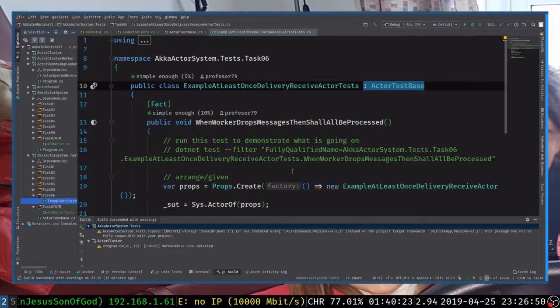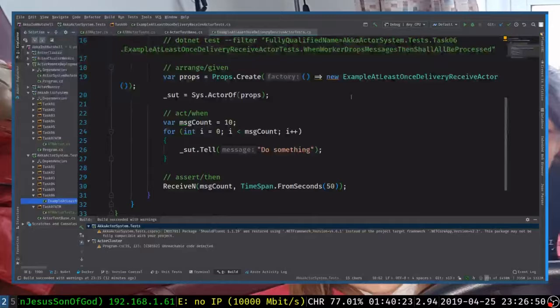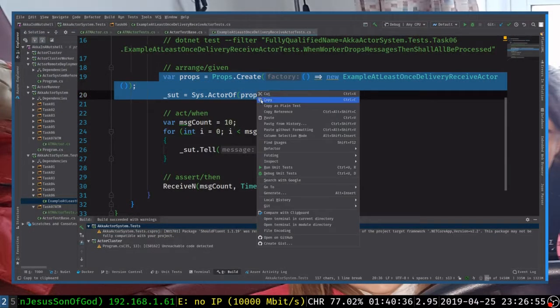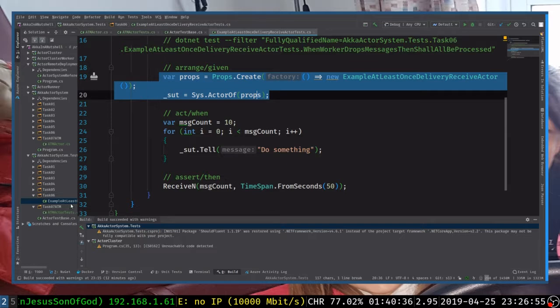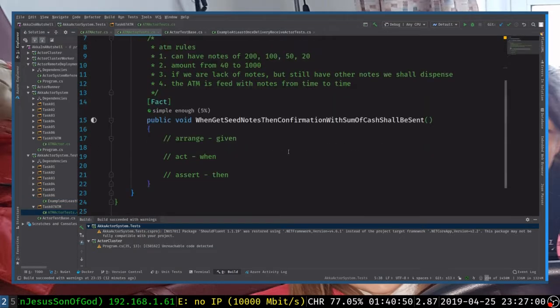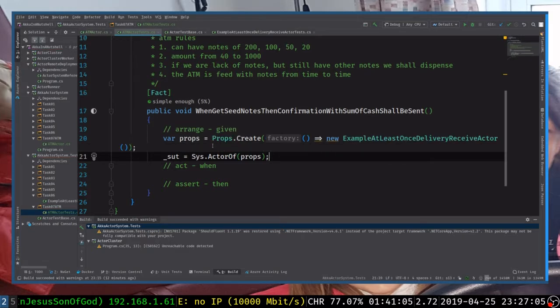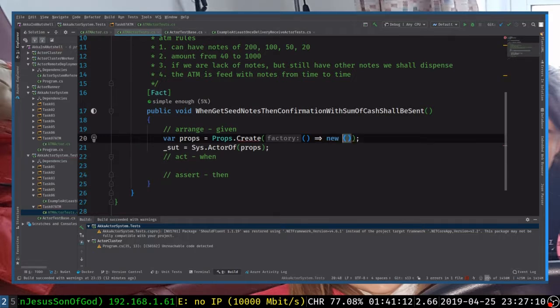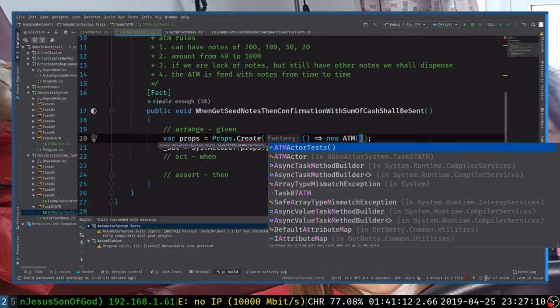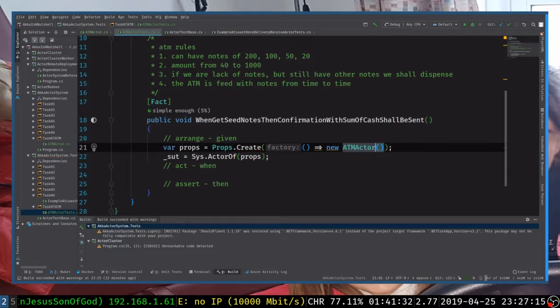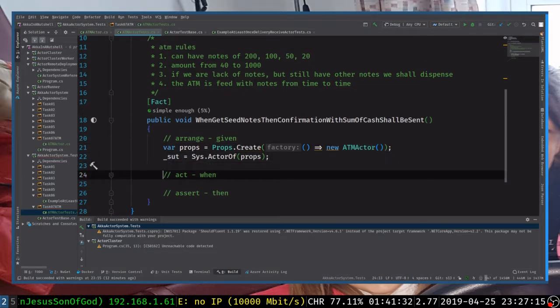Right, so how do we create a test actor? We just say Props and we need to create one, so let's use this as our input, and then we will fix all the things that we have, right? So our actor just needs that, and in our case it's the ATM actor. Okay, so we have created that.